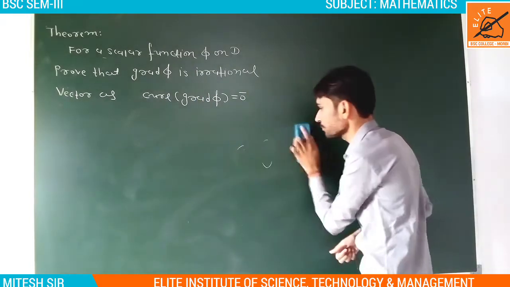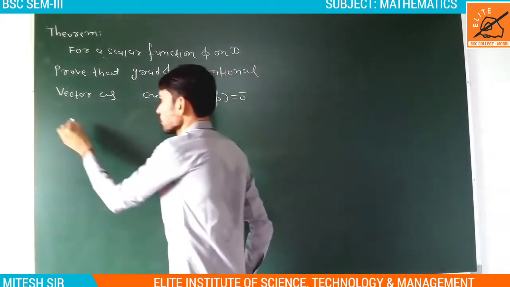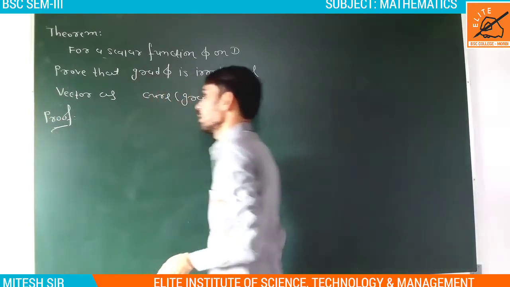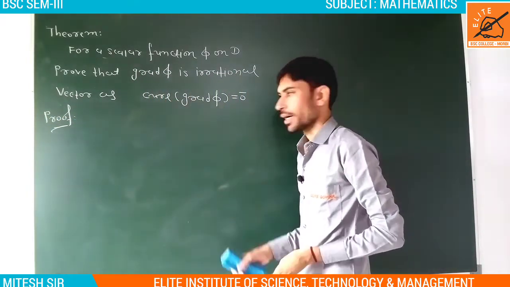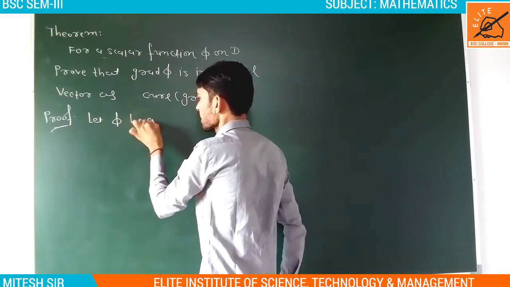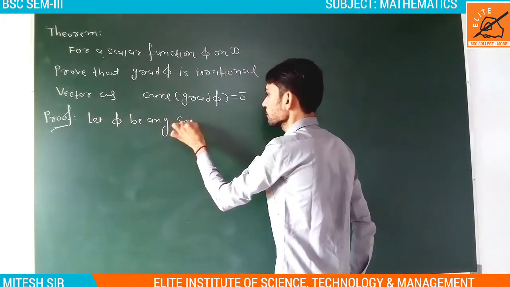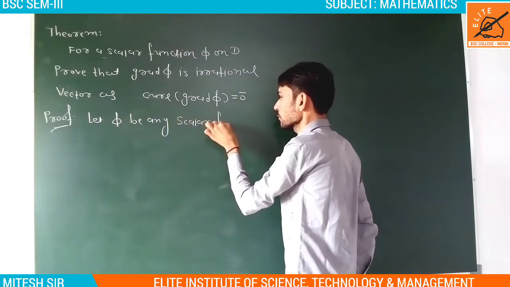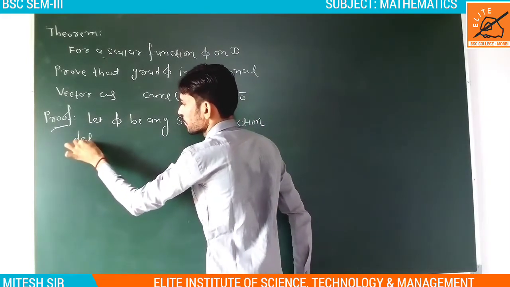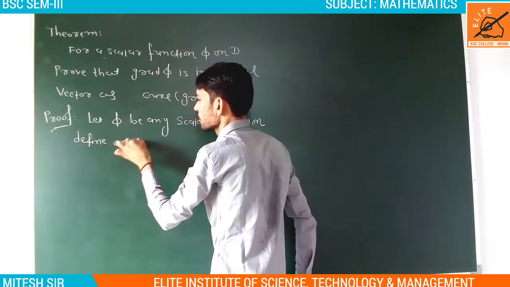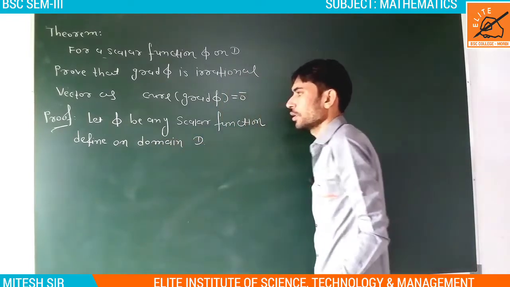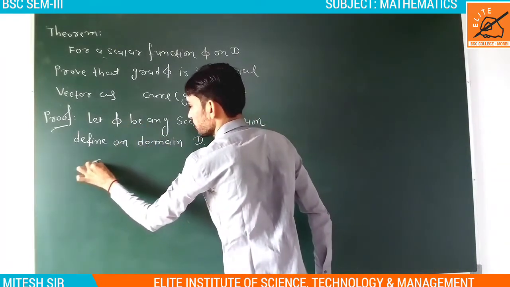So let's see the solution. First of all, here we define our gradient phi. So let phi be any scalar function defined on domain D. So here we find the gradient of function phi.